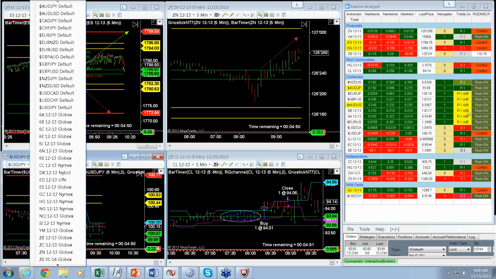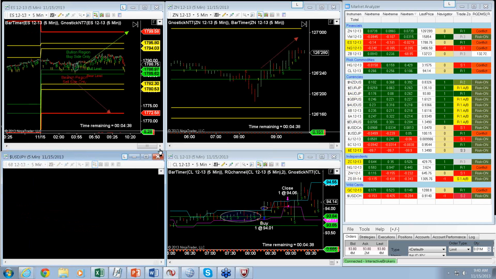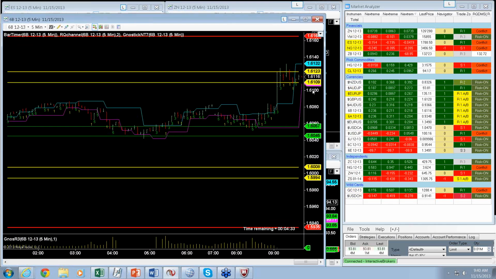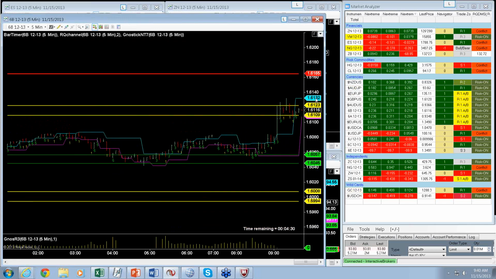I can tell that it's in between the support levels with this trade zone indicator. So I'm going to look straight to the 6B. It'll be somewhere right around the yellow lines, right there. That may be an opportunity.